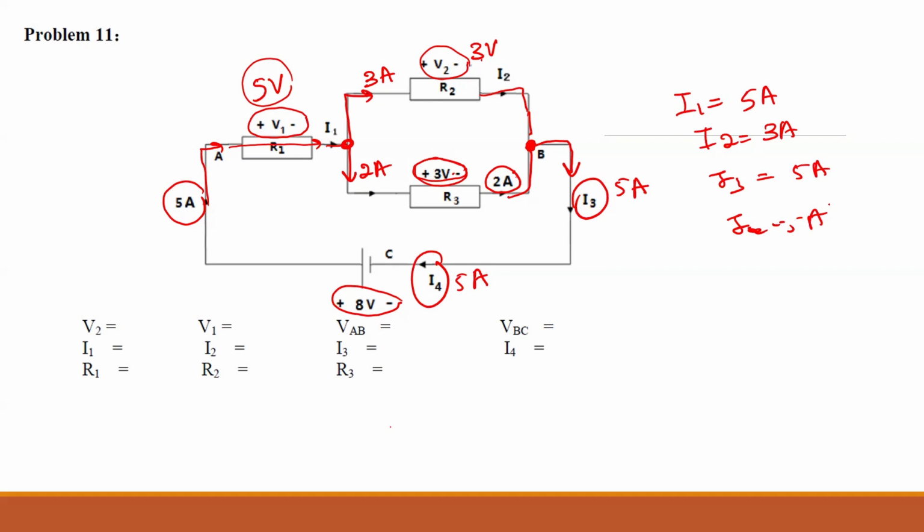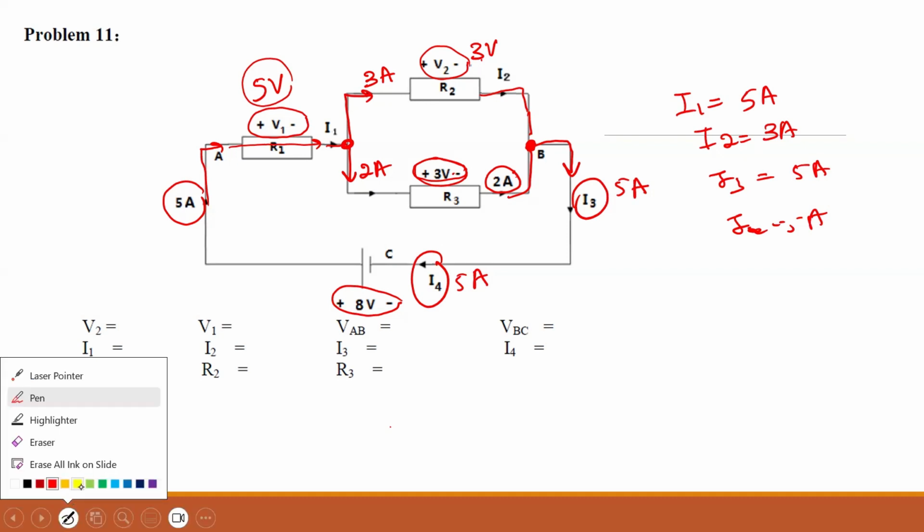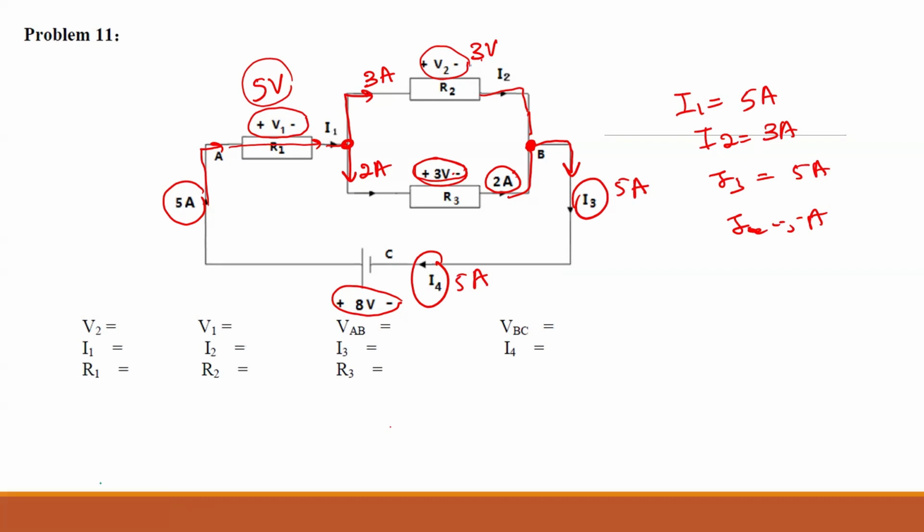How about the resistance? How do we find the resistance? Well, now we have all the voltages and the currents. We can just do the divide calculations. So 5 over 5 is the R1 and R2 will be 3 over 3 and R3 will be 3 over 2.